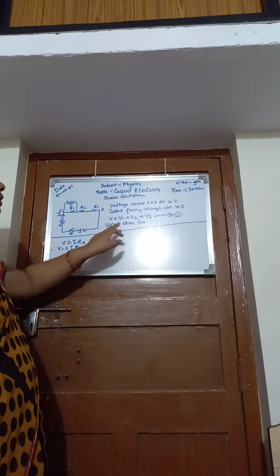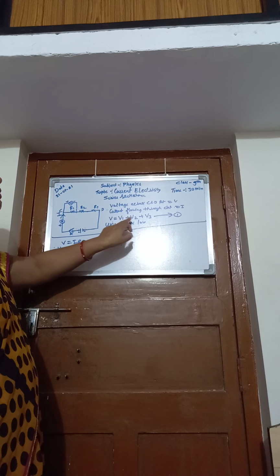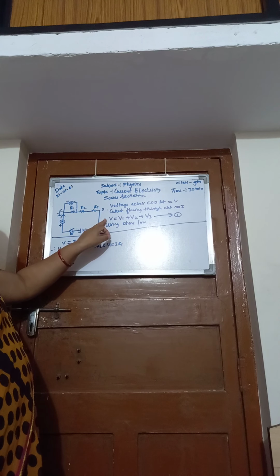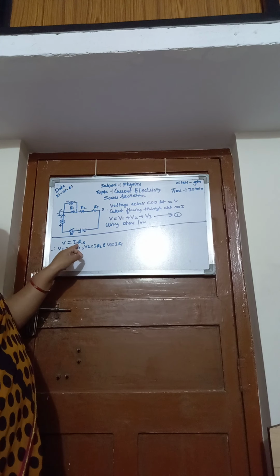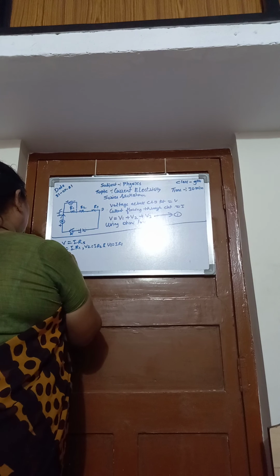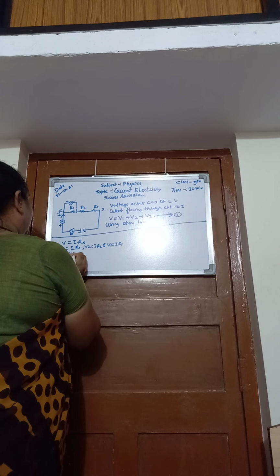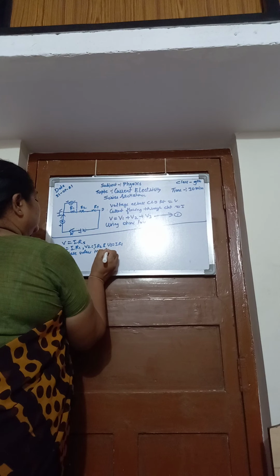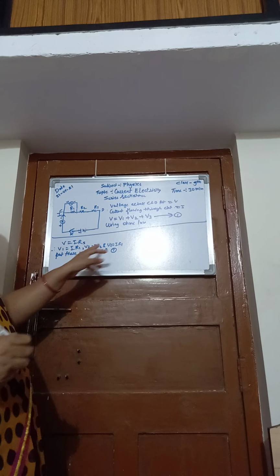Then we have to calculate the values of V1, V2 and V3. We also know that V equal to I into RS. Substitute these values in equation 1.